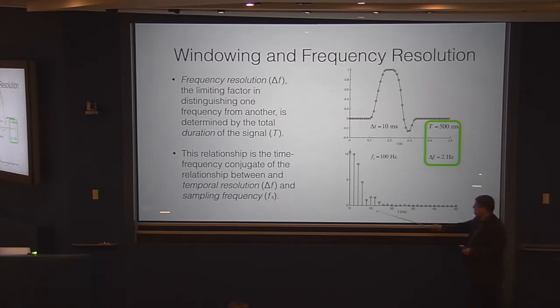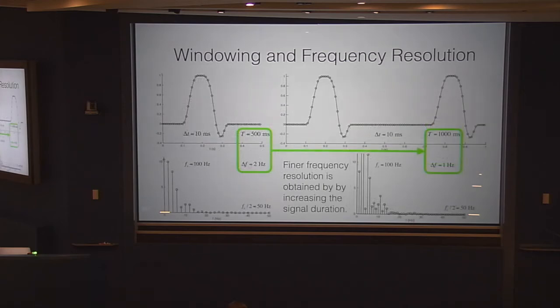You might want to have a finer frequency resolution than what's given here. If you want that, then you need more time, because this 2 Hertz limit here comes from the fact that you're using only 500 milliseconds. And again, if you want to acquire more data, then you will get finer frequency resolution.